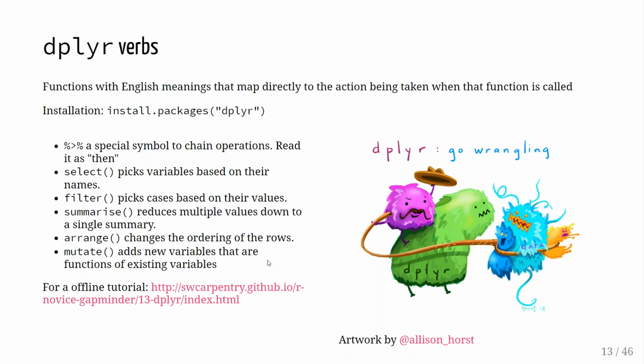So the first one is this percent greater than and percent symbol, where we're using these to chain operations. And the easiest way to think about this is "then". And so we call this thing the pipe. For anyone who might have spent any time in a Unix background, it's a similar approach where you take the value of the first function, and then you chuck it into the next function, and you chain these series of functions together.